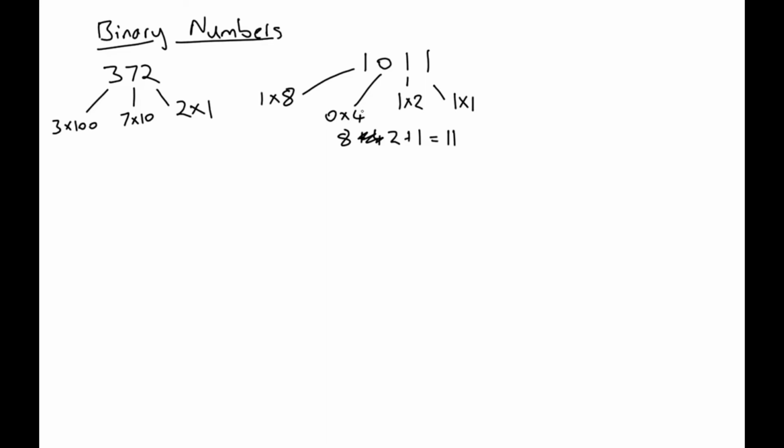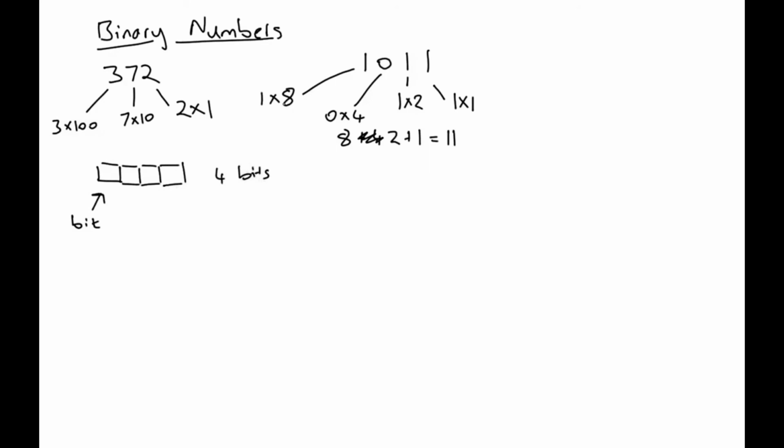Now the reason this is important is because the computer's memory is organised in a series of cells, and each cell is called a bit. So we've got 4 bits here.